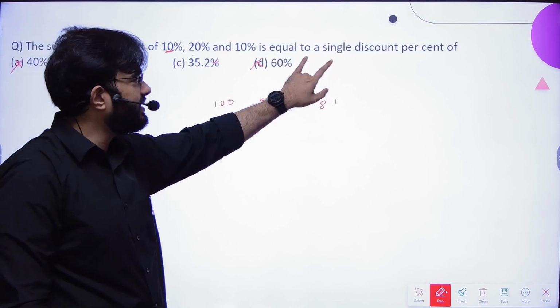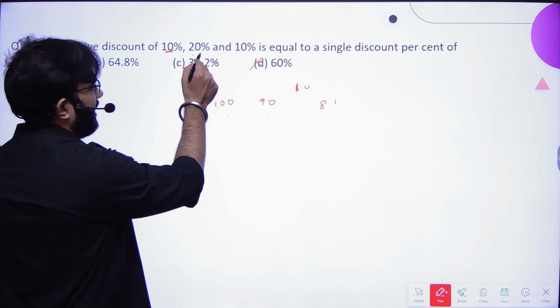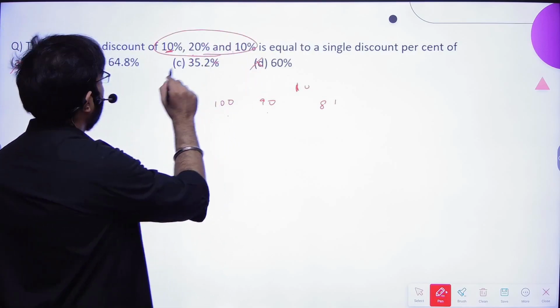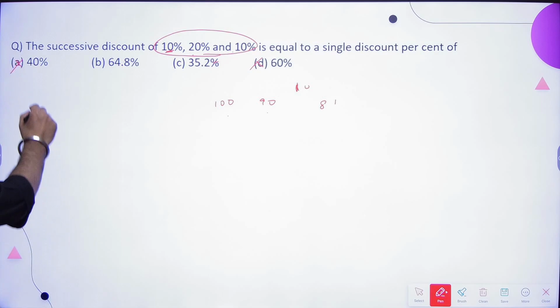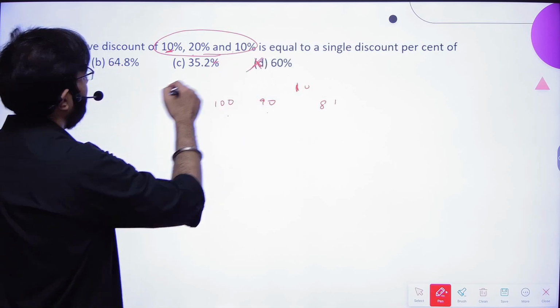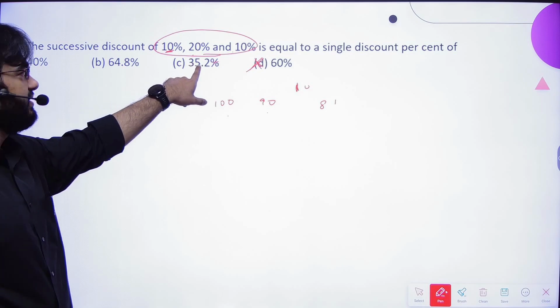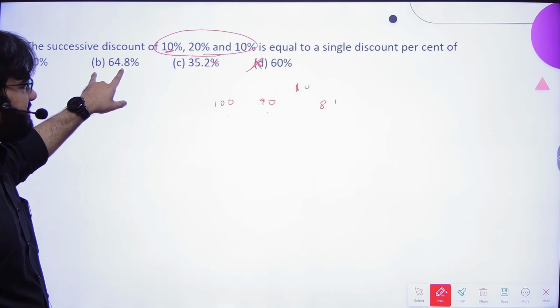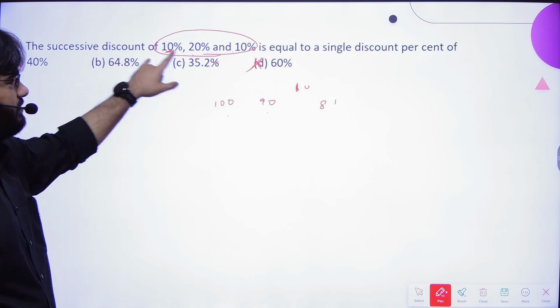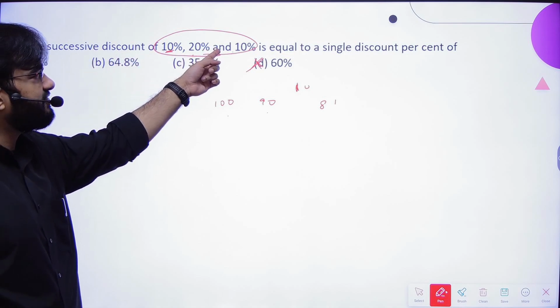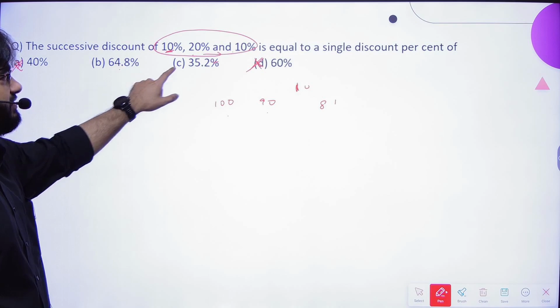By this pattern, if we are short of time and have to approximate the answer, 40% is gone, 60% is gone, and 35.2 is among the feasible options. So you can see it always has to be less than 40.